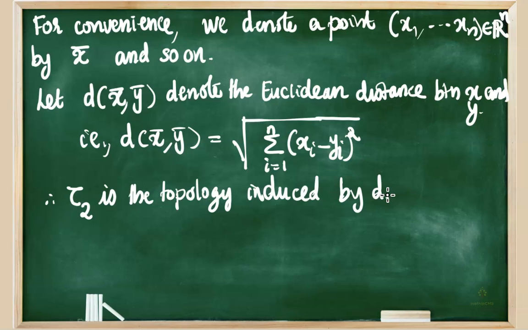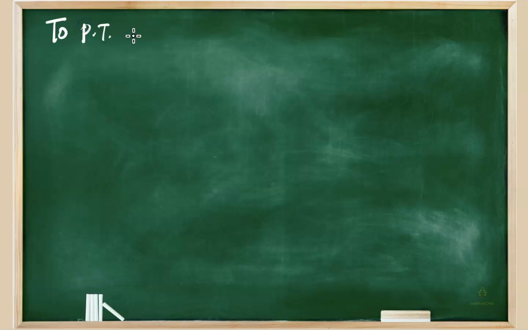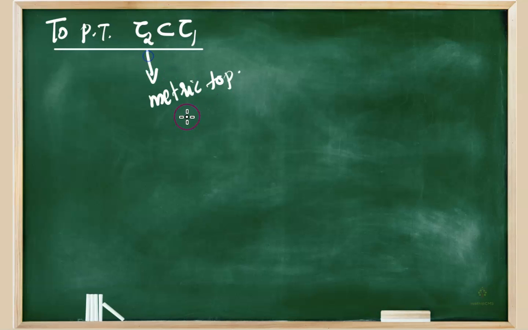So we will need to prove that τ1 is a subset of τ2 and τ2 is a subset of τ1. First we claim that τ2 is a subset of τ1. Since τ2 is the topology induced by a metric, or we can say that τ2 is a metric topology, its base can be taken as the collection of all open balls.